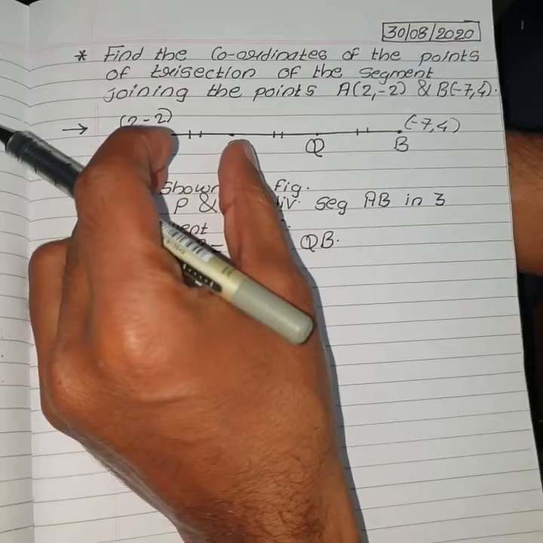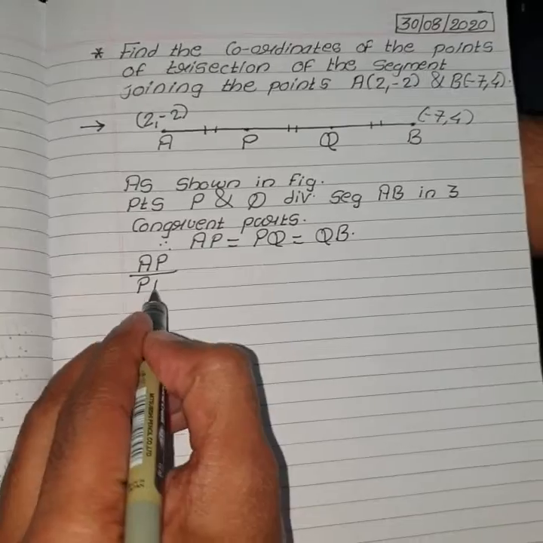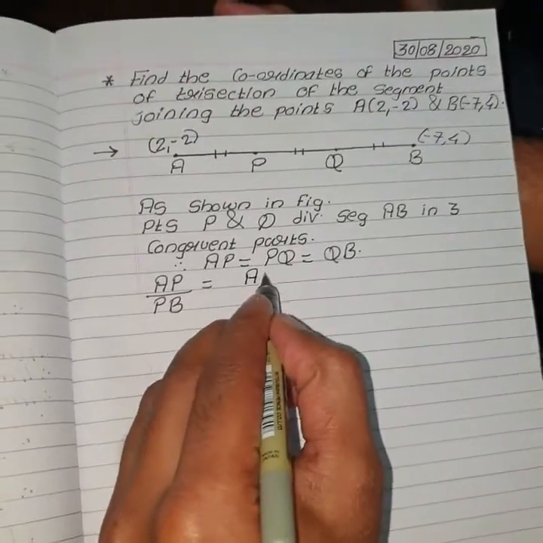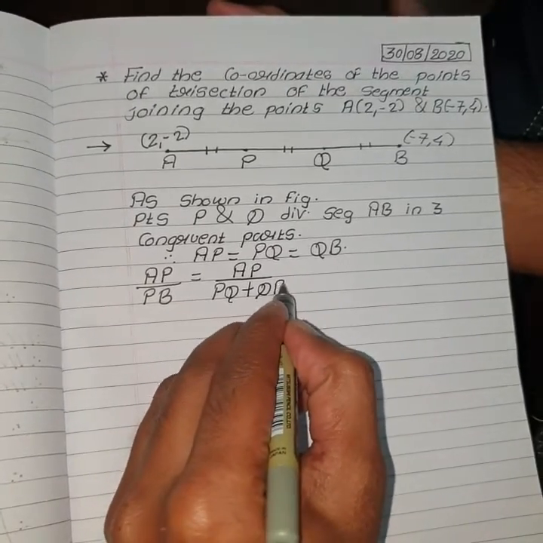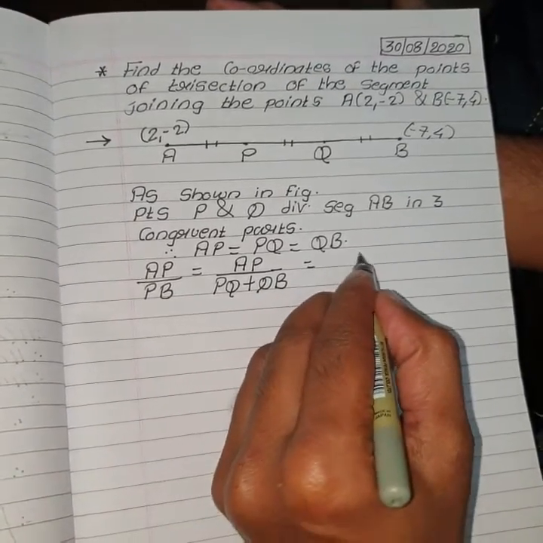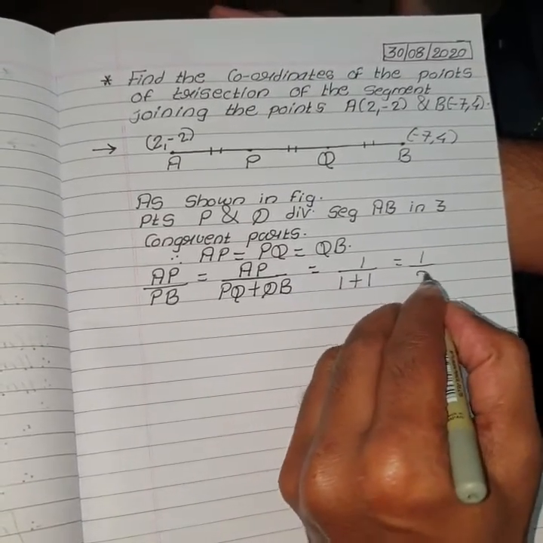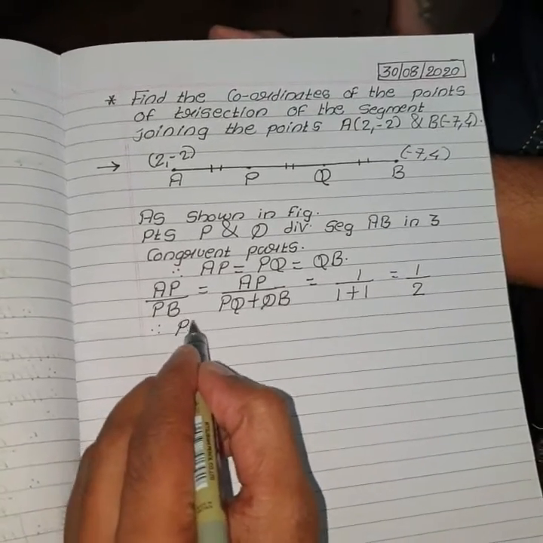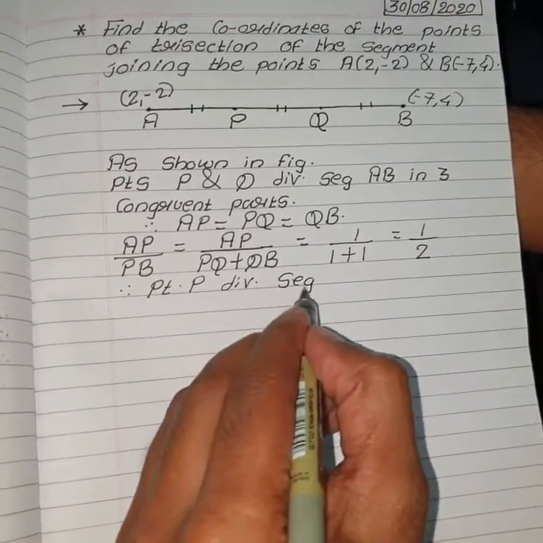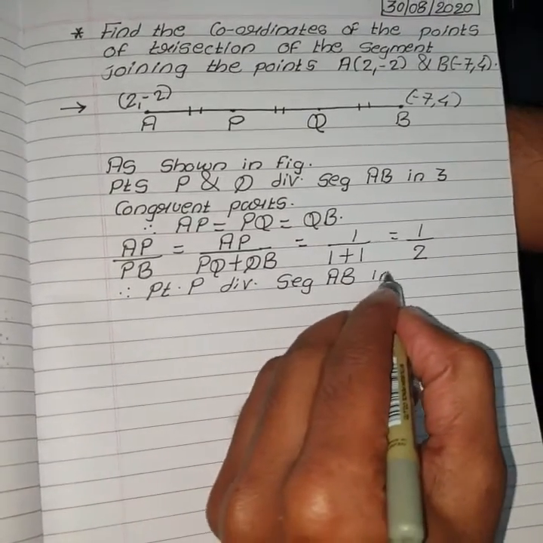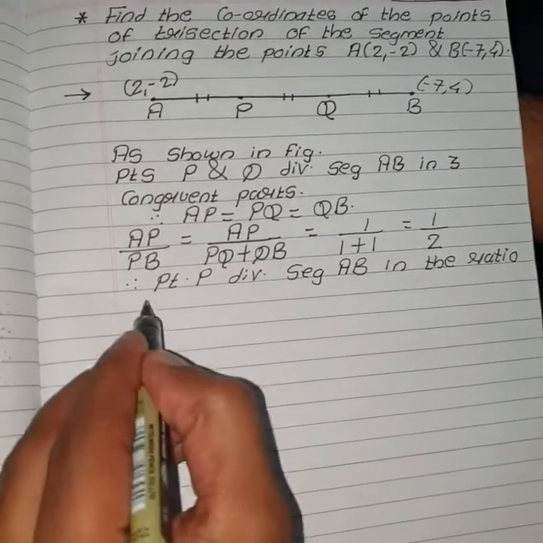Now let's consider 2 parts AP and PB. AP upon PB, we can write it as AP upon PQ plus QB. AP is 1 part, PQ is 1 part and QB is 1 part. So that is equal to 1 upon 2. Therefore, point P divides segment AB in the ratio 1:2.